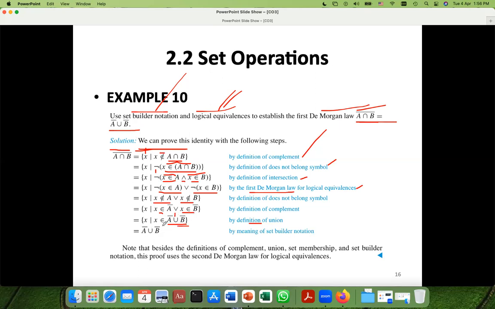And now what we are saying is that we have elements X, and X belongs to A bar union B bar, which is the right hand side. So this is the proof from left hand side to the right hand side. And here we used the first De Morgan law, not the second. This line is not needed anyhow.